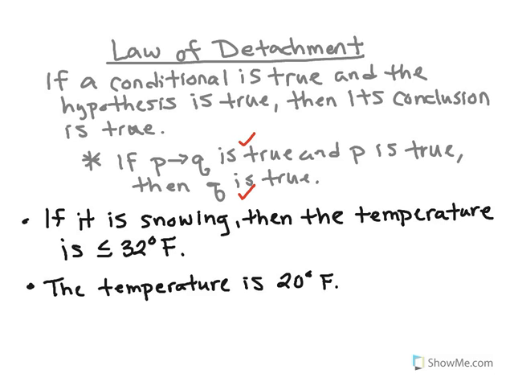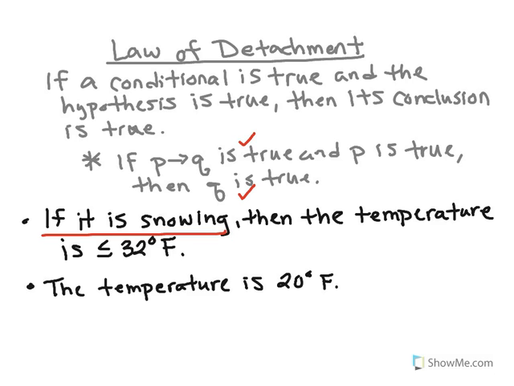However, the hypothesis part has to be stated in order to draw that conclusion. So regardless of whether I know the temperature is 20 degrees or not, the hypothesis of this statement is not understood to be known right now. I don't know if it's snowing outside. Not that it ever would in Texas.